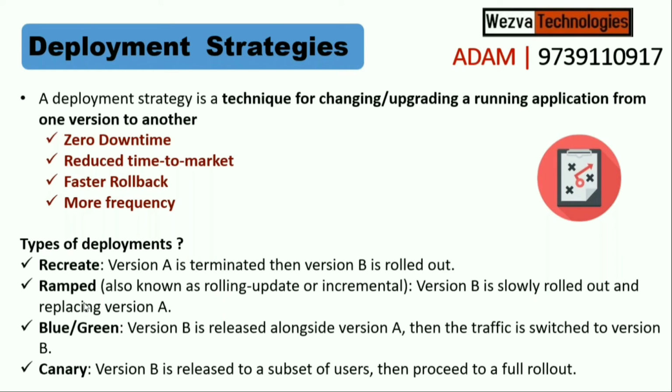So for that, what we'll have to do is, you do not touch the existing containers. While the existing containers are still running, you will create new containers from the new image. And only when all the new containers are successfully up, you are going to switch the traffic from the old containers to the new containers. Okay. So that's what we call BlueGreen.